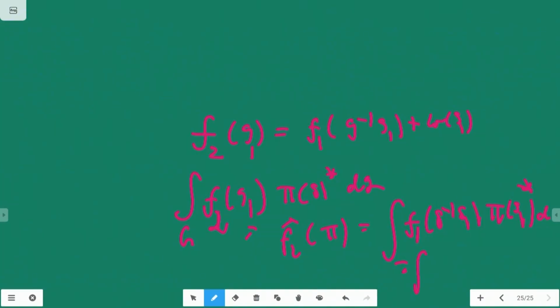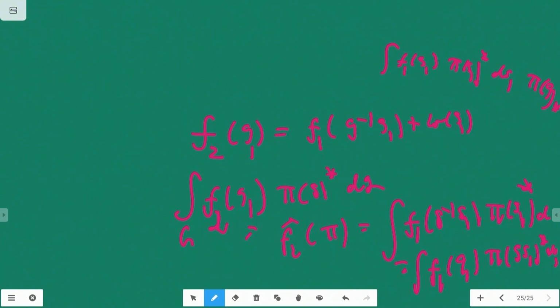You call G inverse G1 as a new G1, then this becomes pi of G G1 star dG1. So this is the same as the integral of F1 of G1 into pi of G1 star dG1 multiplied by pi of G star. So pi of G1 pi of G star is pi of G1 star pi of G star, so pi of G star.